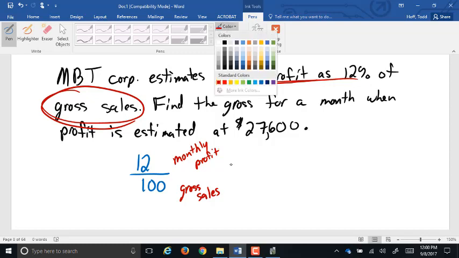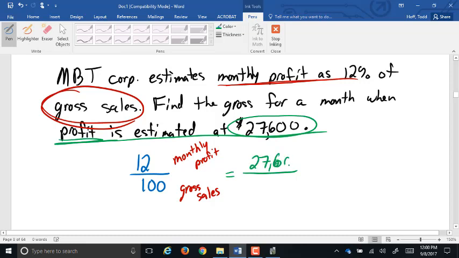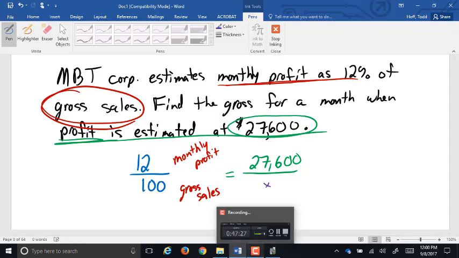So now on the other side of this, we have the 27,600. Does that represent monthly profit or gross sales? Profit is estimated at $27,600. So that has to go on top. What we're looking for is on bottom here.